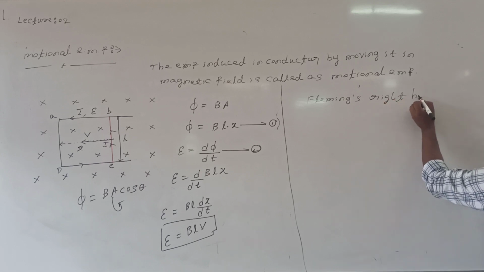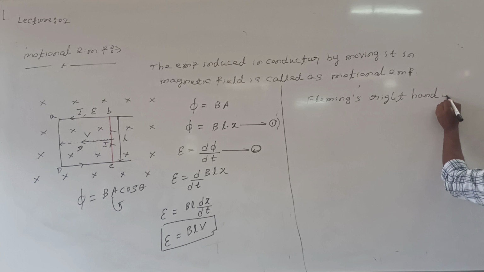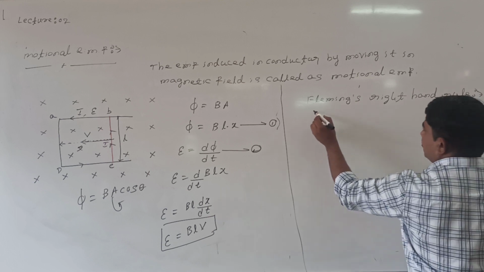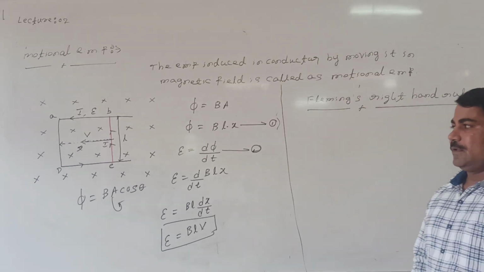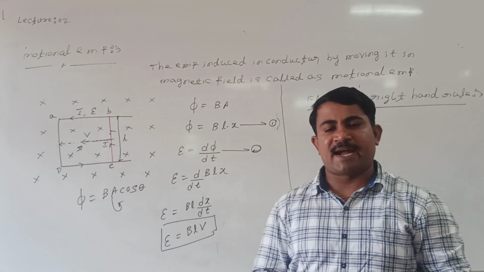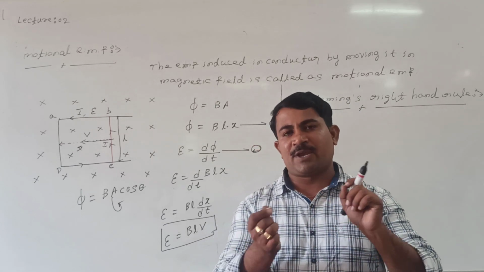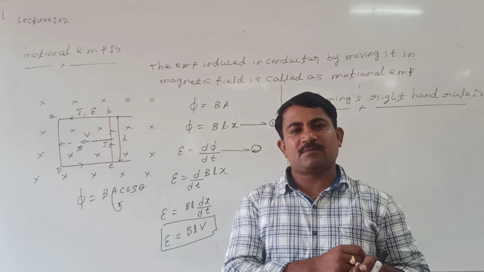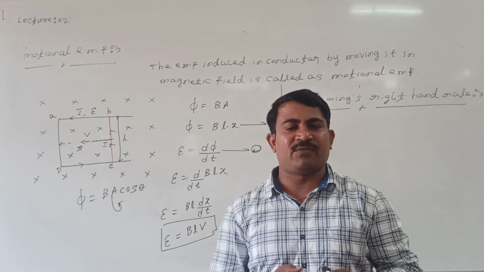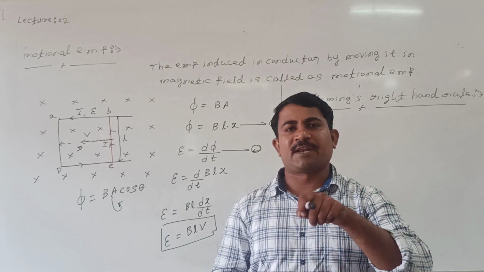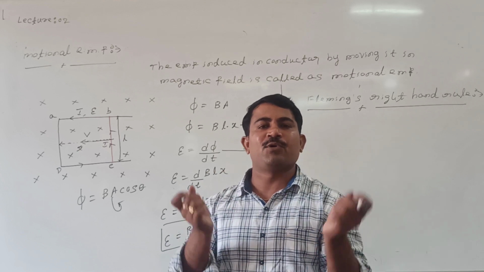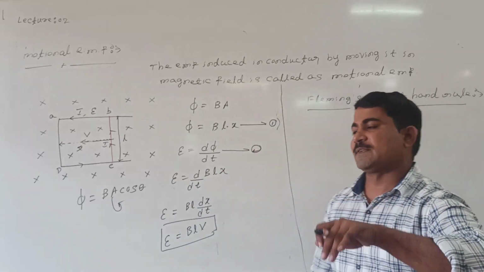Actually, this rule says that if a conductor moving in uniform magnetic field, EMF induced. Direction of induced EMF, direction of magnetic field and direction of motion of the conductor is given by Fleming's right hand rule.